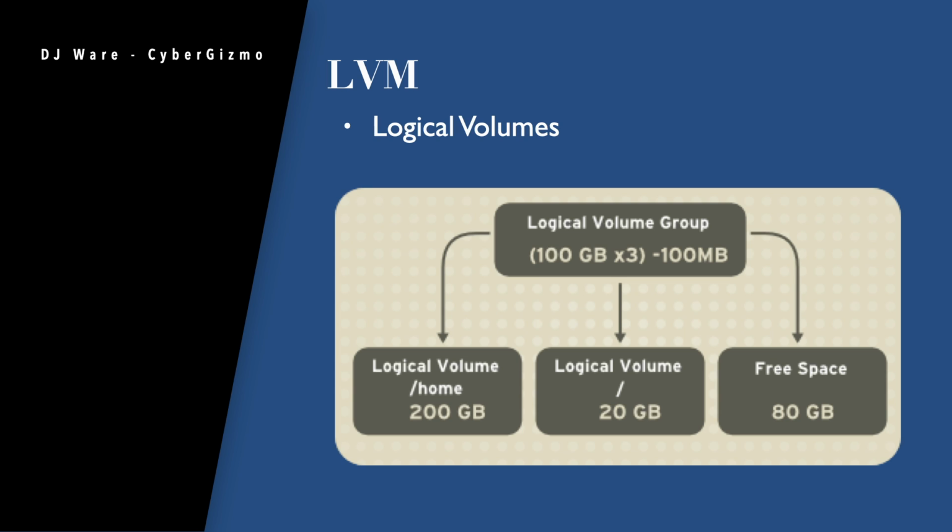So you want to leave a little bit of free space at the end. The whole thing about LVM is that it allows you to run for a while and then see if you've added a bunch of new applications that you didn't plan for, which happens all the time.